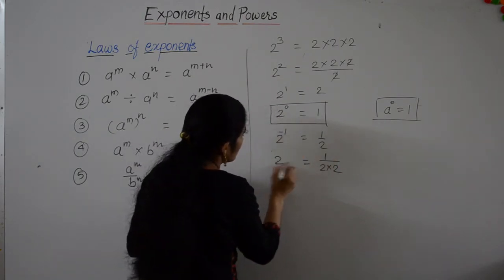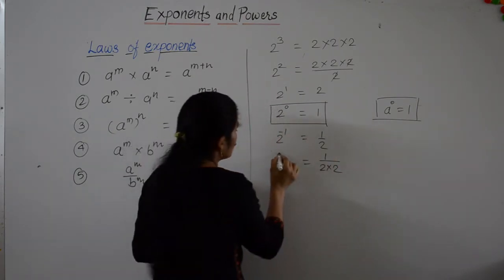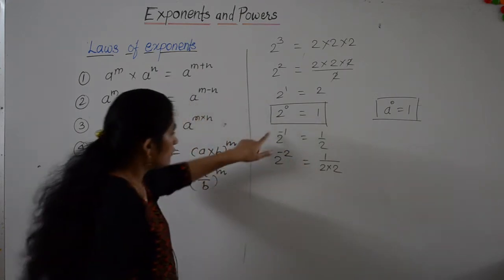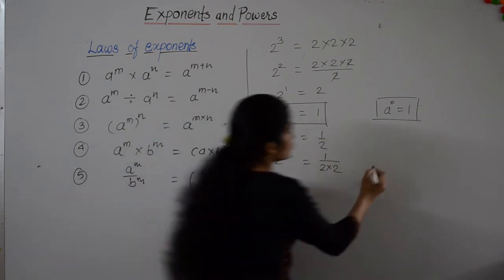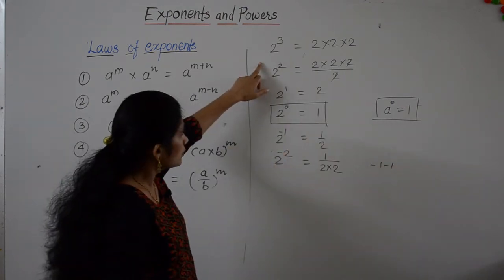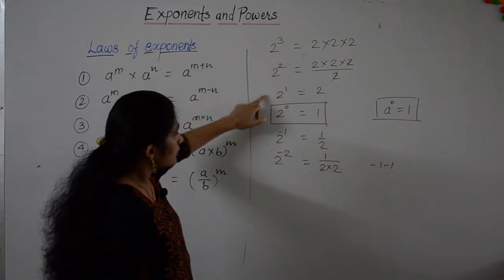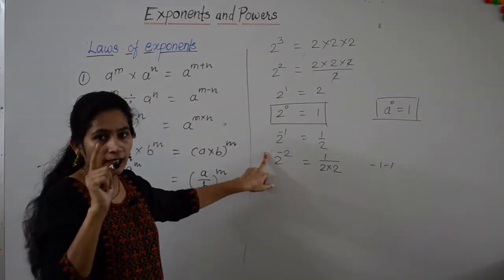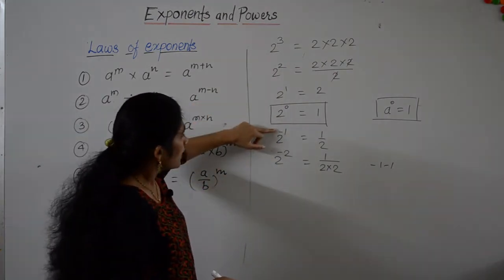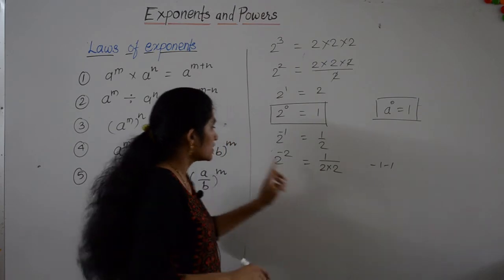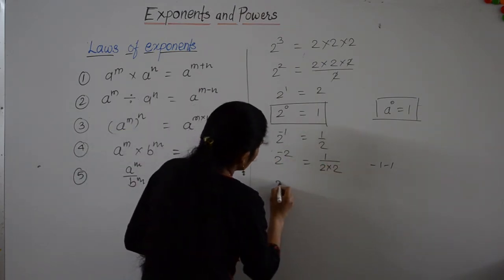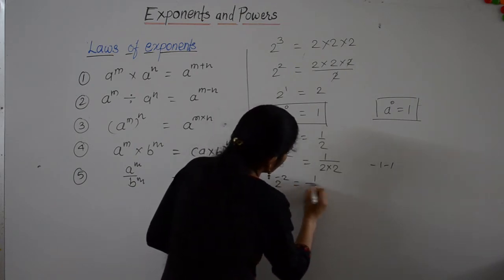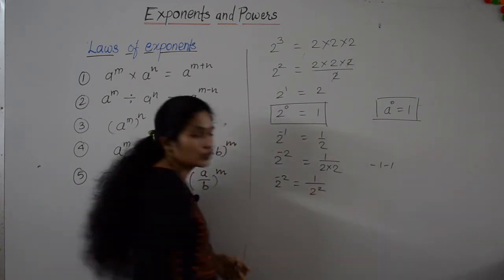Here each time the exponent is getting reduced by 1, so minus 1 minus 1 is minus 2. And this you can write as 2 raised to power minus 2 is equal to 1 upon 2 square.